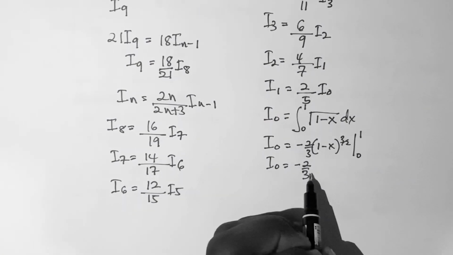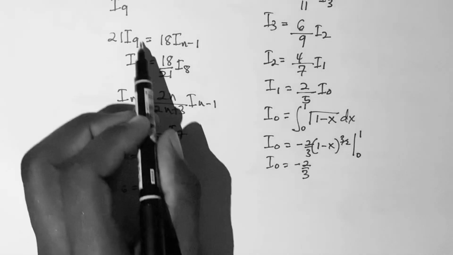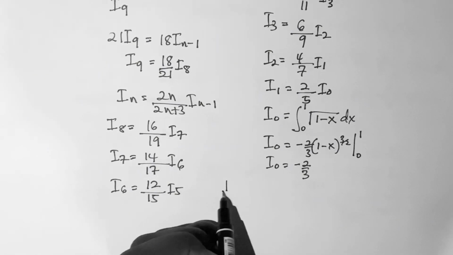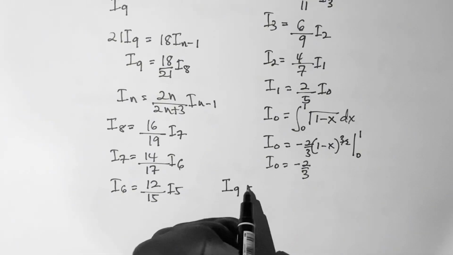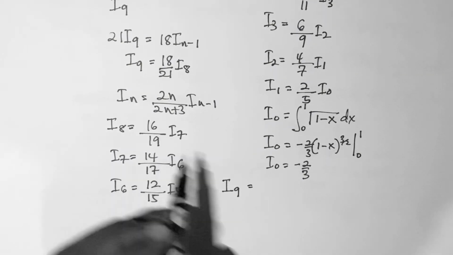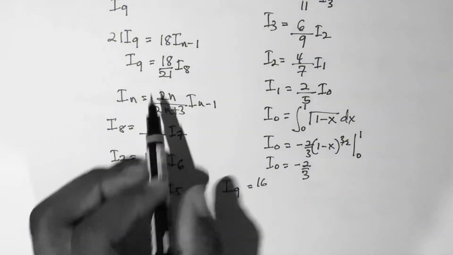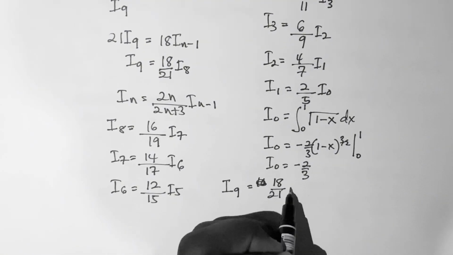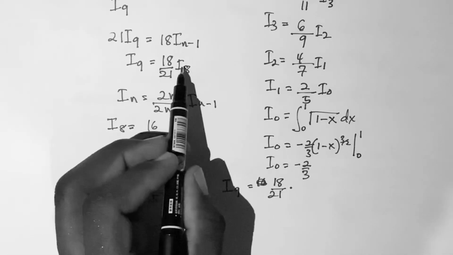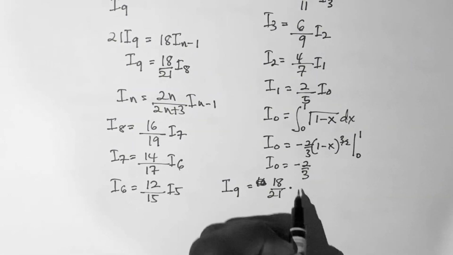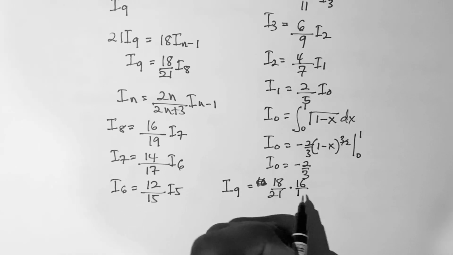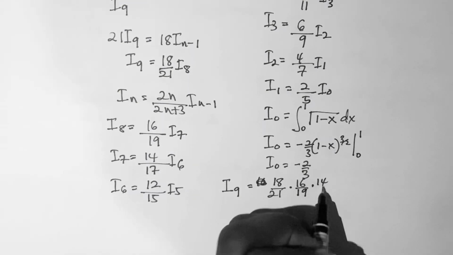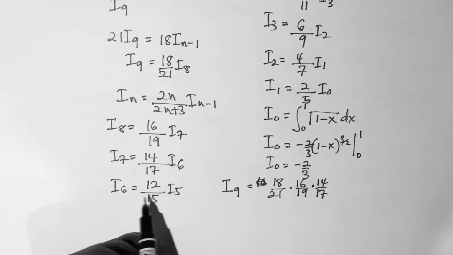So what we will do is that we have to put I of 0 back into all of this to find I of 9. So when we do that, we find out that I of 9 is equal to, so we started with 18 over 21, then times I of 8, but I of 8 is 16 over 19, I of 7. And then I of 7 is 14 over 17, I of 6.